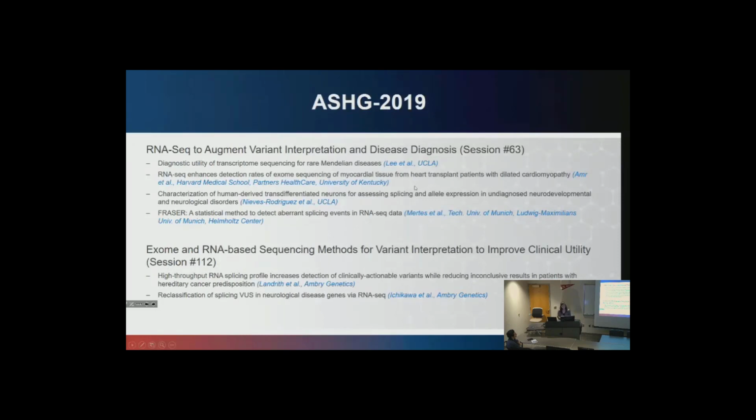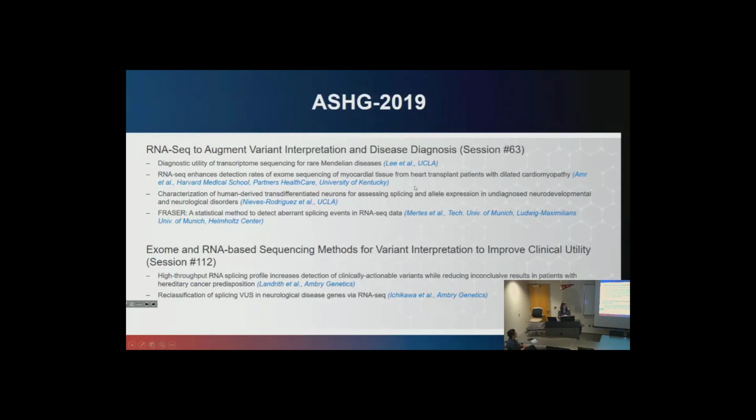So I recently attended the American Society of Human Genetics conference only a couple of weeks ago, and had a chance to hear about the clinical utility of RNA-seq by many institutions. For example, in the first talk in session 63, the UCLA team discussed the diagnostic utility of transcriptome sequencing for rare Mendelian diseases, where they studied 100 subjects participating in the Undiagnosed Diseases Network at UCLA, and they performed whole genome sequencing along with RNA-seq.